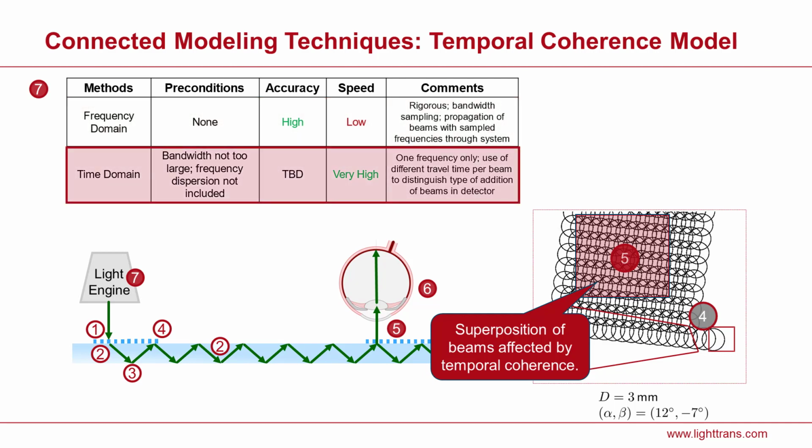But we also have an approximate alternative in the time domain that only requires a single pass of the system, rather than, as before, one pass per wavelength sample in the spectrum.